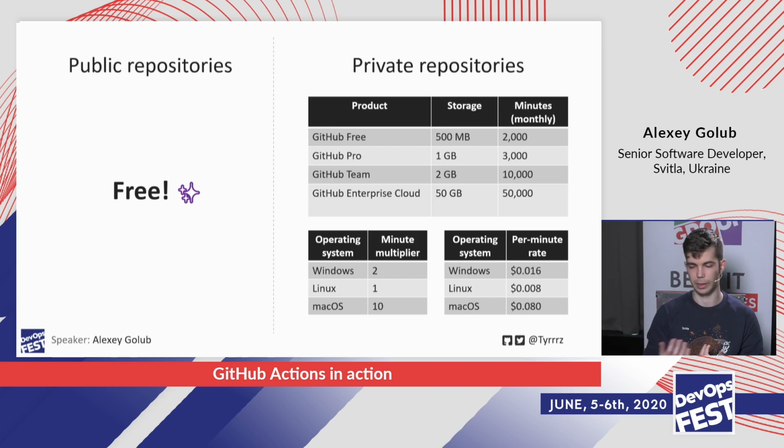So for example, with Linux, that one's the cheapest, but for example, if you're using Mac OS, that's gonna cost you 10 times as many minutes as it would on Linux. So basically, you have some quota that you have for free. So storage is for artifacts and stuff like that. Minutes is for how long your runner's been working on some workflows. And based off that, if you exceed that, you'll also have to pay as you go, depending on the operating system you're using.